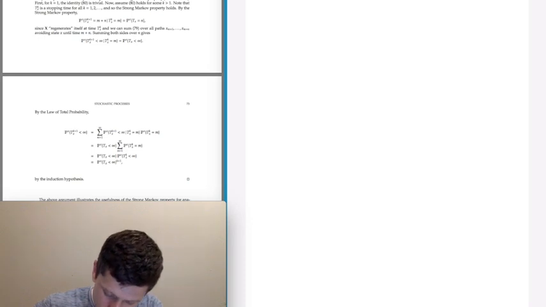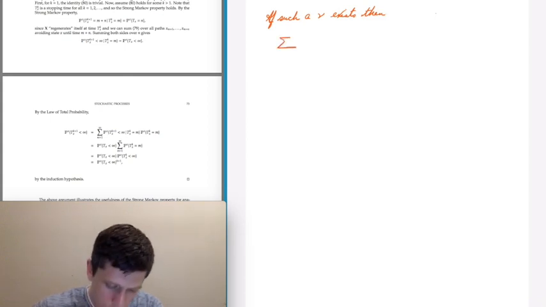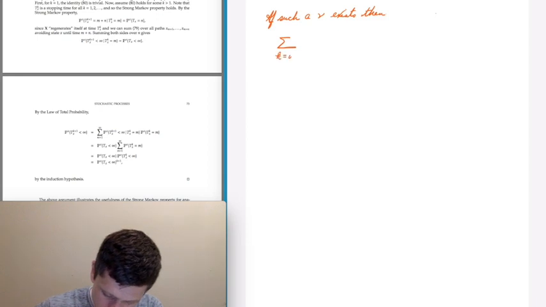So if such a nu exists, then we can sum over all of the possible excursions.